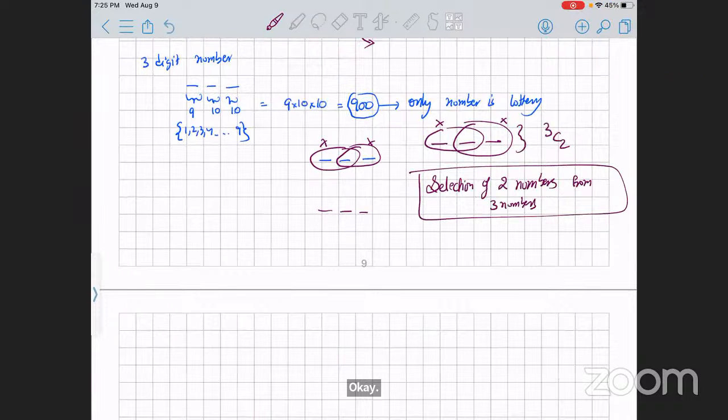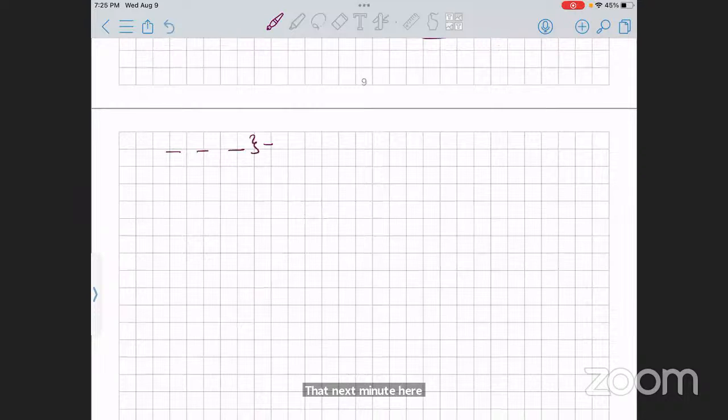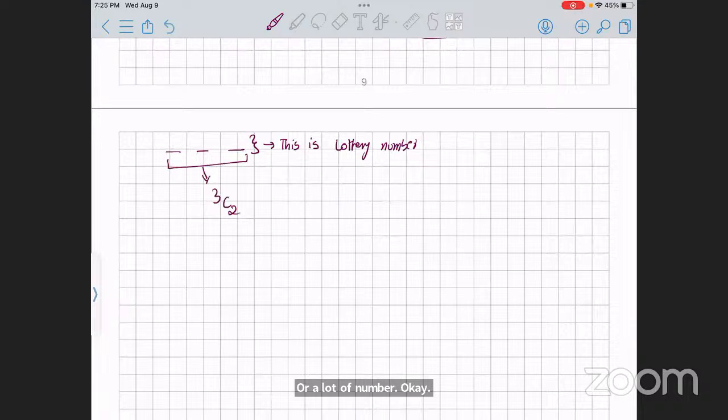Let me explain it here: 1, 2, 3, this is the lottery number. Select any 2 digits from the lottery number, 3C2.